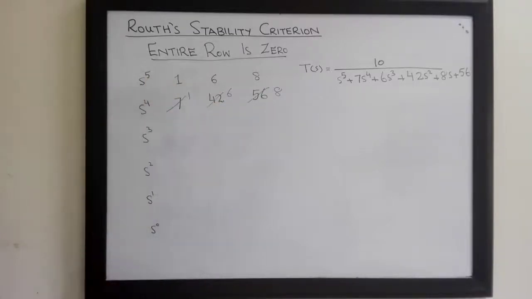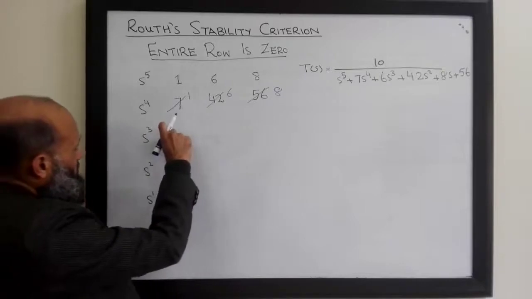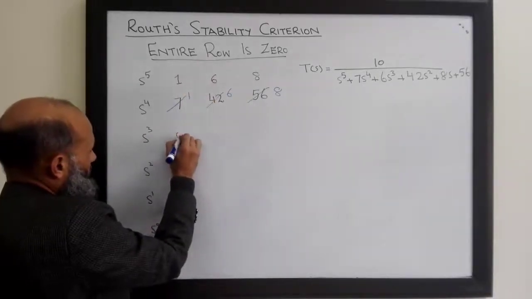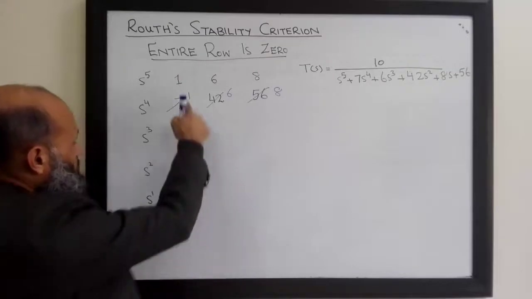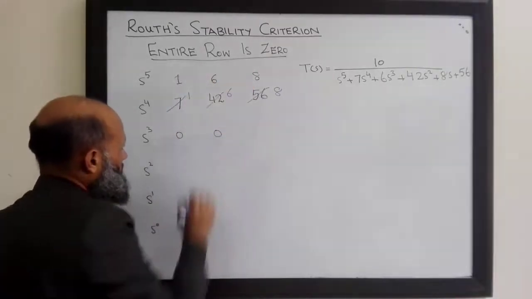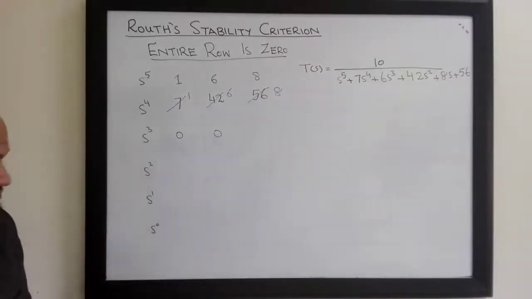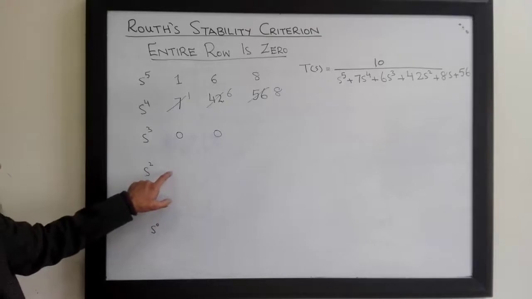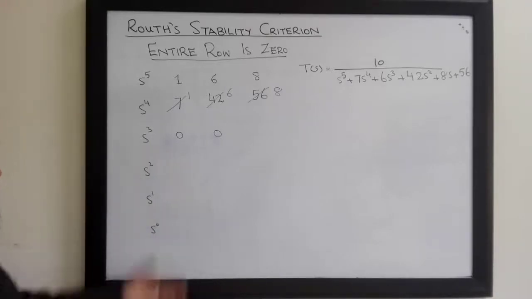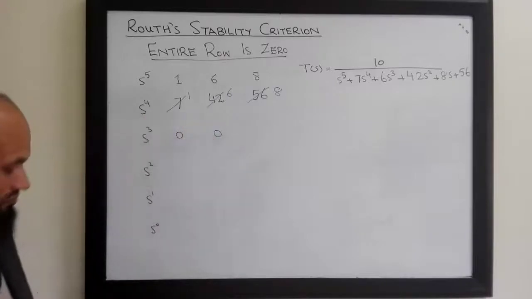So this entry, 1 multiplied by 6 minus 6 is 0, 0 divided by 1 is 0. So 1 multiplied by 8 minus 8, again we have 0 over here, and the entire row is equal to 0.